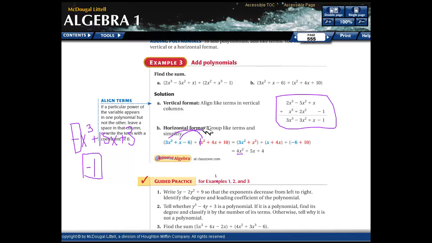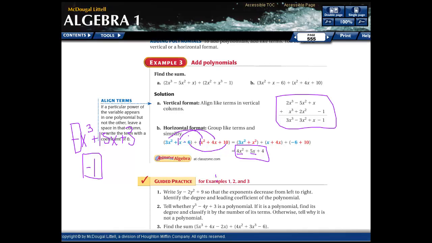You can add x to another x. The missing coefficient is a 1, so 1x plus 4x is 5x. Negative 6 has no variables, so it can only be added to other plain numbers. Make sure the sign goes with it. Negative 6 plus 10 is positive 4. This is a trinomial, and that is your answer.